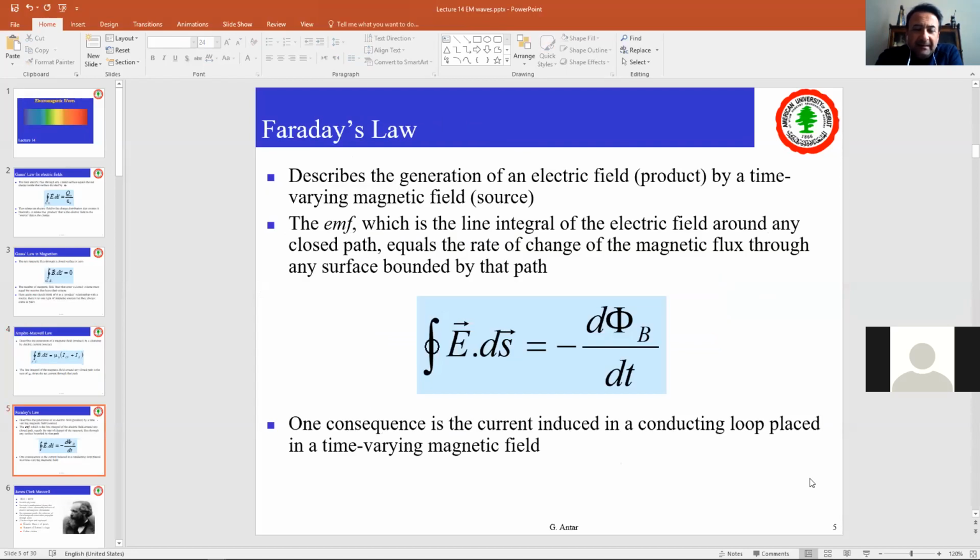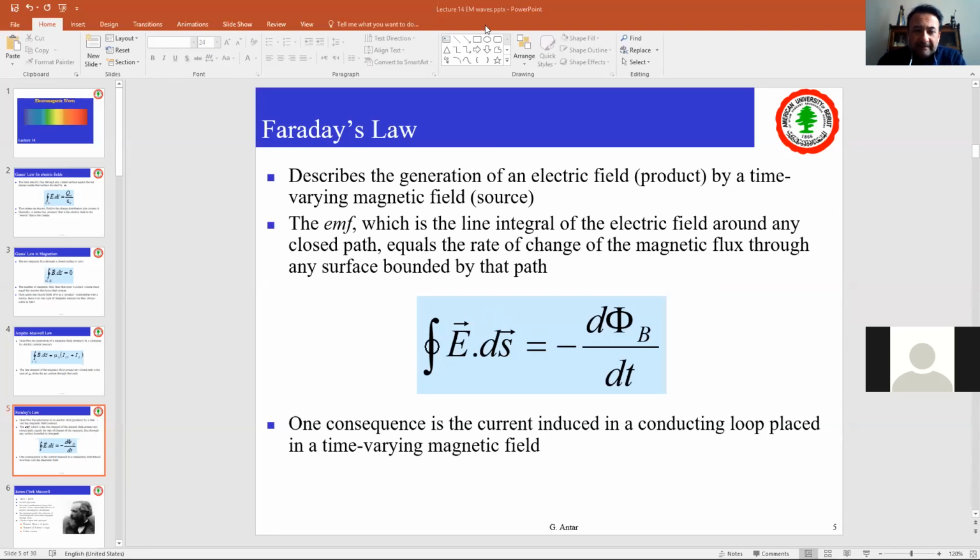Finally, remember, when you have the integration sign plus this circle, it means it's over a loop. So this is over a loop of the electric field, but usually this field is perpendicular to the flux. Let me show you again.